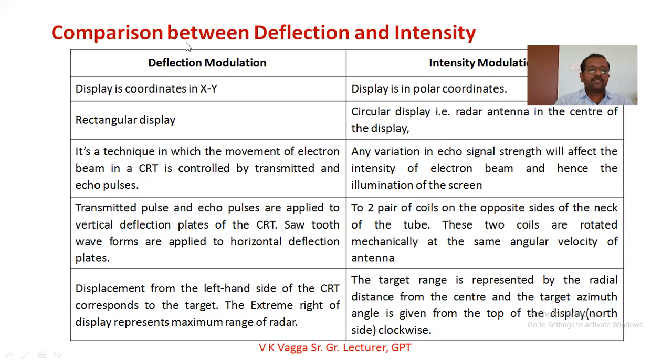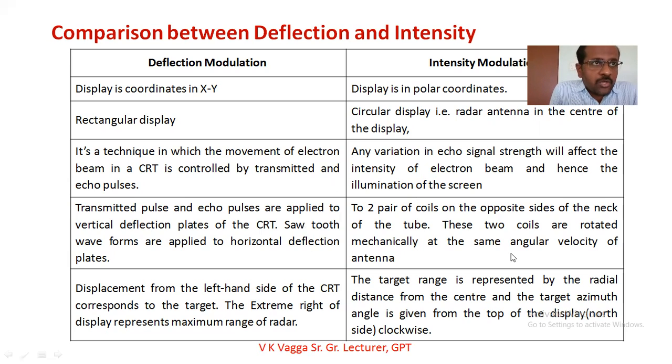And in the deflection, the transmitted pulse and the echo pulses are applied to the vertical deflection plates of the CRT, and a sawtooth waveform is applied to the horizontal deflection plates. But in this case, there are two pairs of coils on opposite sides of the neck of the tube. These two coils are rotated mechanically at the same angular velocity as the antenna.